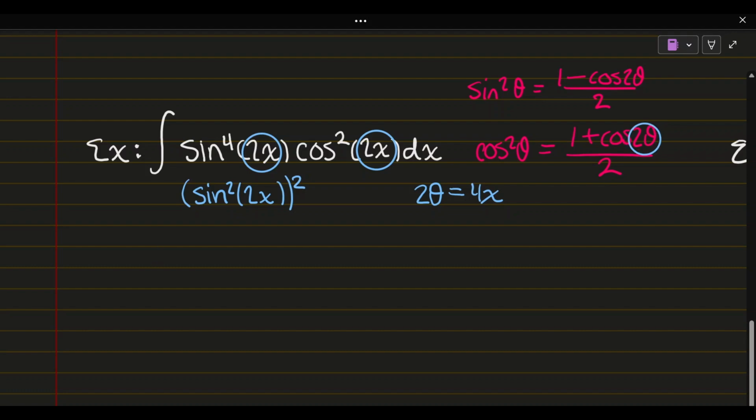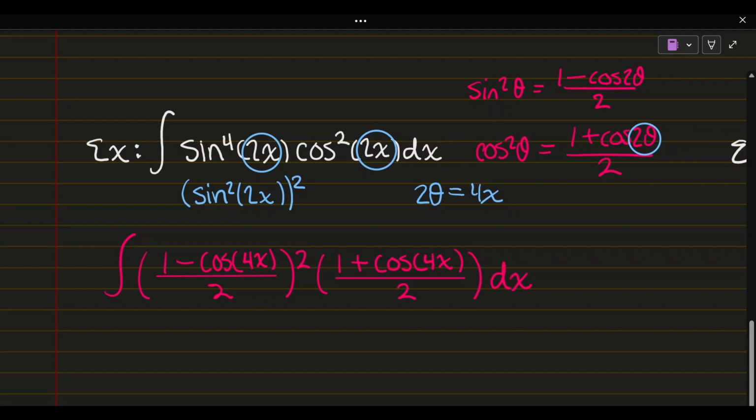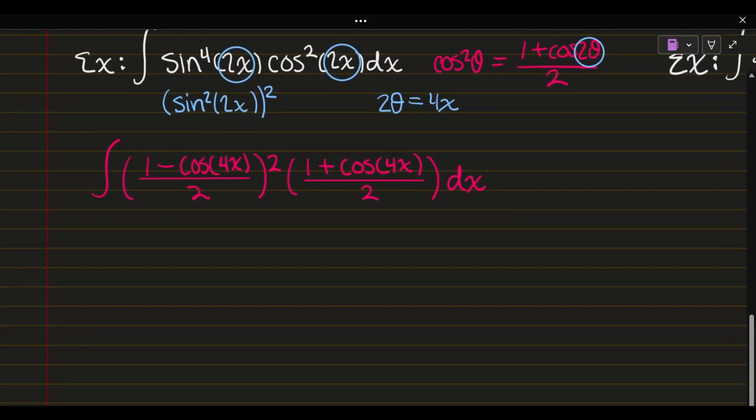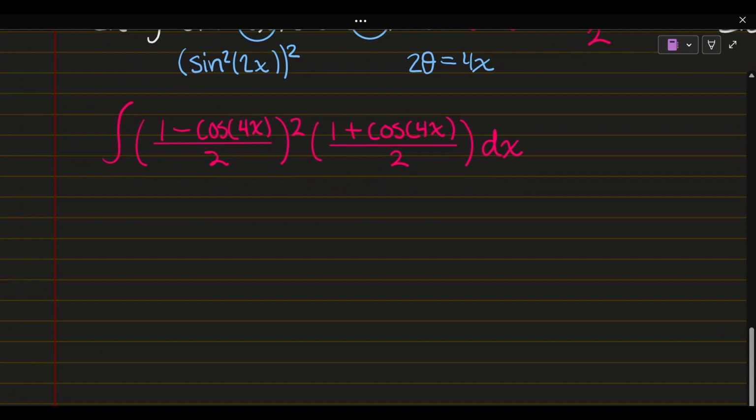So rewriting this, we have the integral of 1 minus cosine of 4x over 2, squared, times 1 plus cosine 4x over 2 dx. Okay, so I can go ahead and pull these denominators out here.